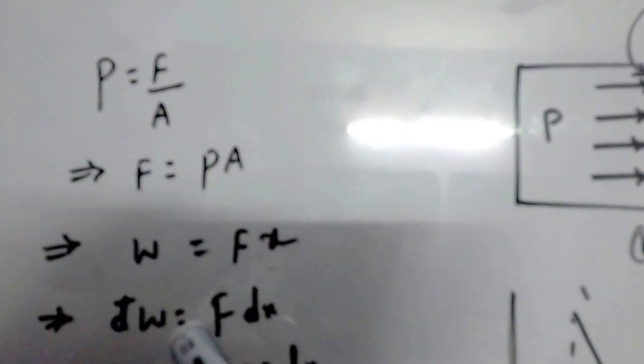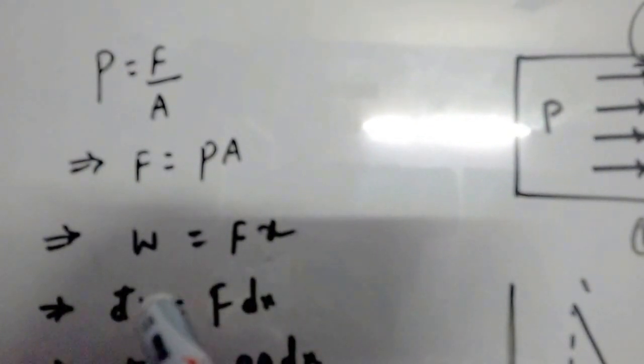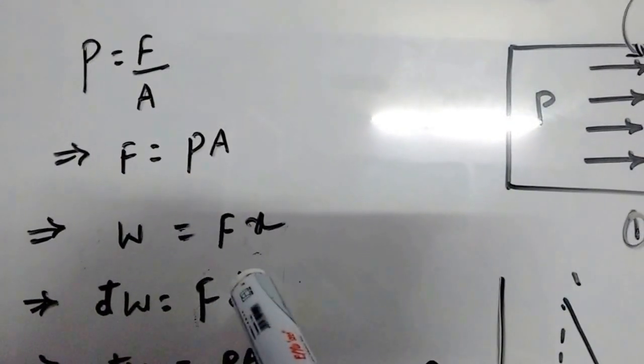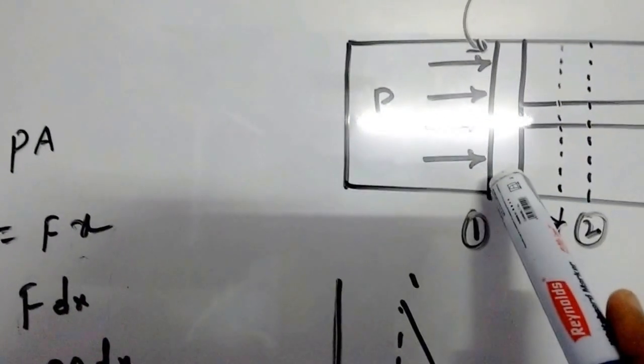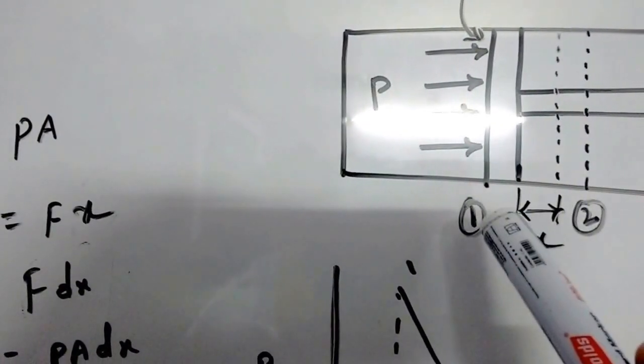Here, for deriving this non-flow work, we are taking very small work or infinitesimal work. Let us consider this piston is moving through a very infinitesimal distance, that is dx.